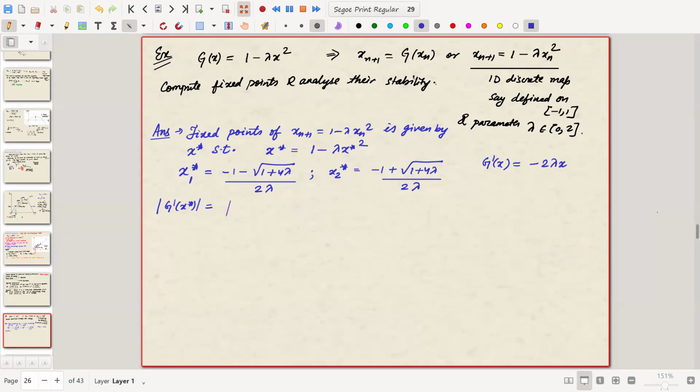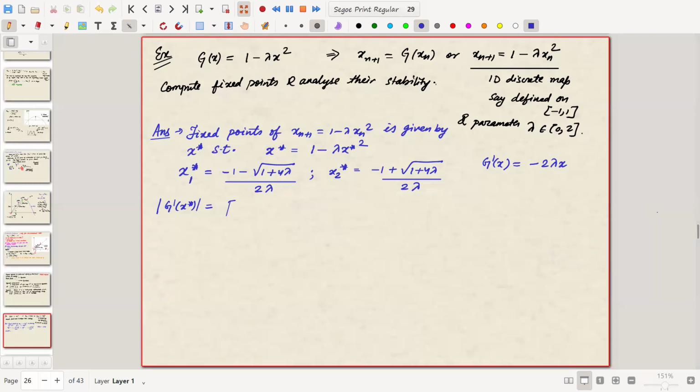Is it okay? Maybe for bio people it might be sudden, so I show the step. So g prime of x is minus 2 lambda x. Everyone is on the same page.